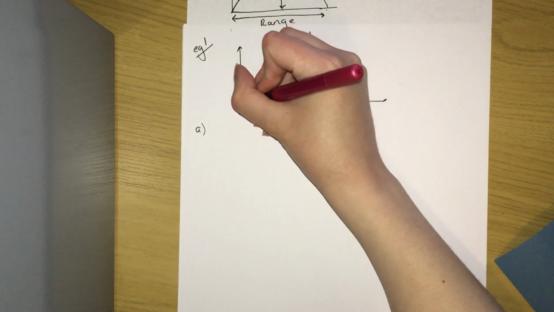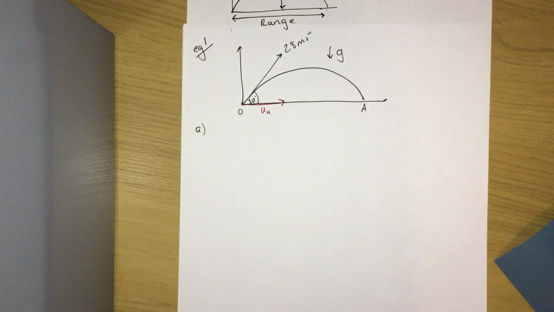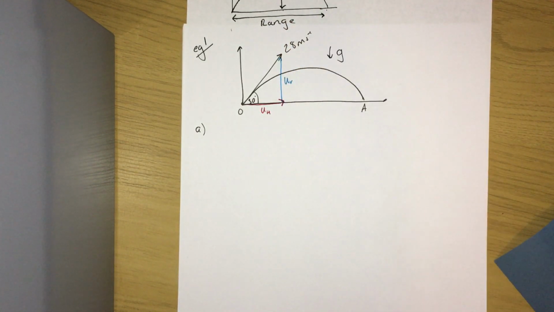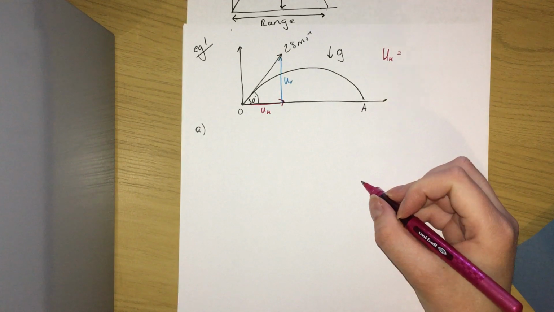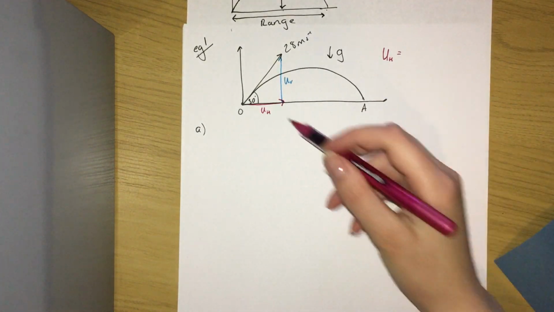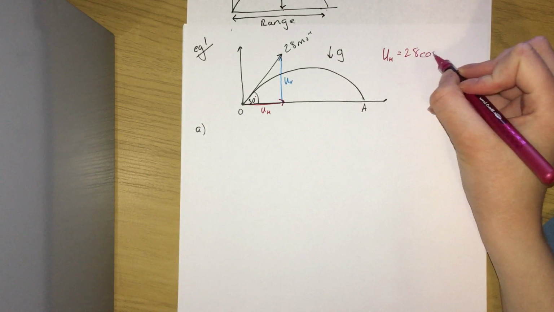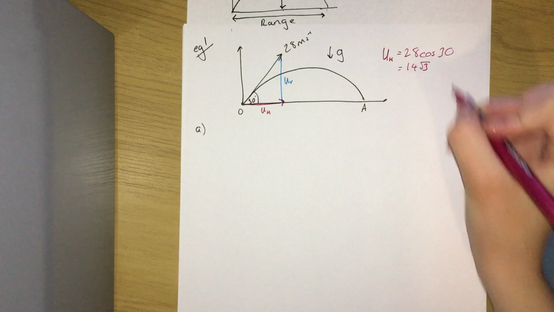Now, before we start any of these problems, we need to create our vertical and our horizontal component. So a horizontal component, if I'm resolving horizontally, is going to be 28 cos 30, which simplifies to 14 root 3.